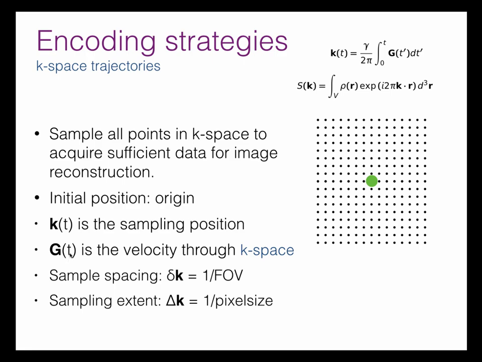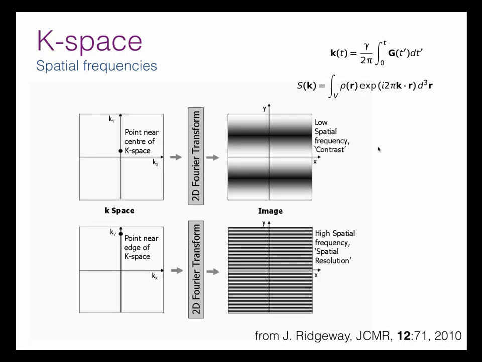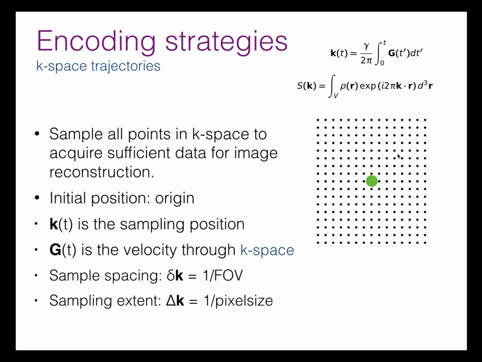And if you like, you can think of g of t as the velocity through k-space. So what we have to do is basically modulate our gradients to drive the green dot around this space. And as we go along, we'll collect data as we go. We'll just pick up the MR signal. And if we can sample all these points, we can then take an inverse Fourier transform, and we should be able to recover our image back.